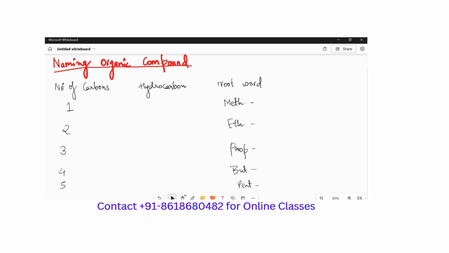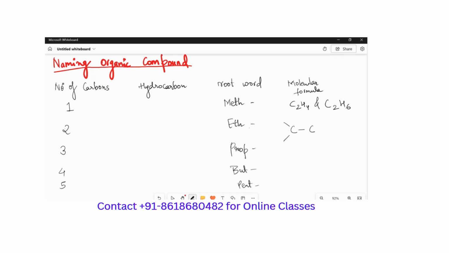If you see the carbon chain, you have to see the formula also. You have to look at the molecular formula also. Let's suppose I gave you two molecular formulas, C2H4 and the other one C2H6. If I ask you to write the name, first of all, you will write it in the structural form.